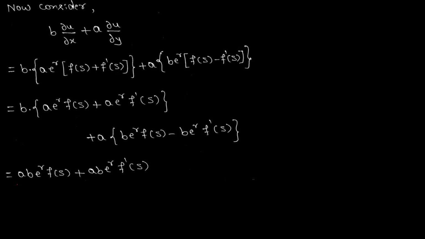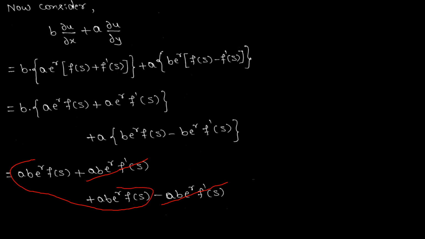Yes, we have multiplied b inside for these two terms. After multiplying a inside for these two terms, we will get this. That is clearly seen plus ab e to the power r f dash of s will get cancelled with minus ab e to the power r f dash of s. So what remains is 2 times ab e to the power r f of s. This is what remains in the RHS.